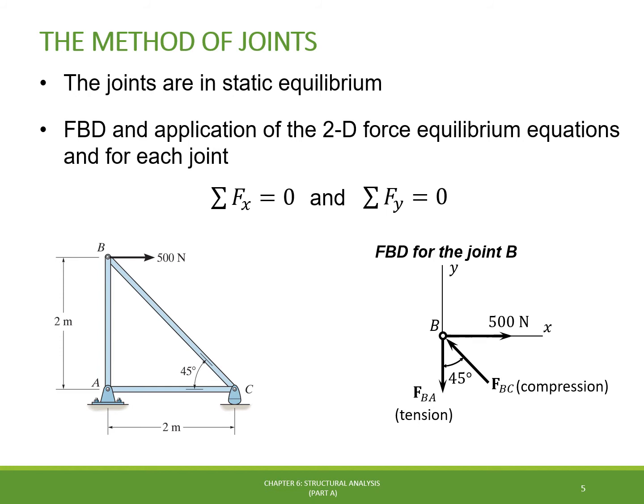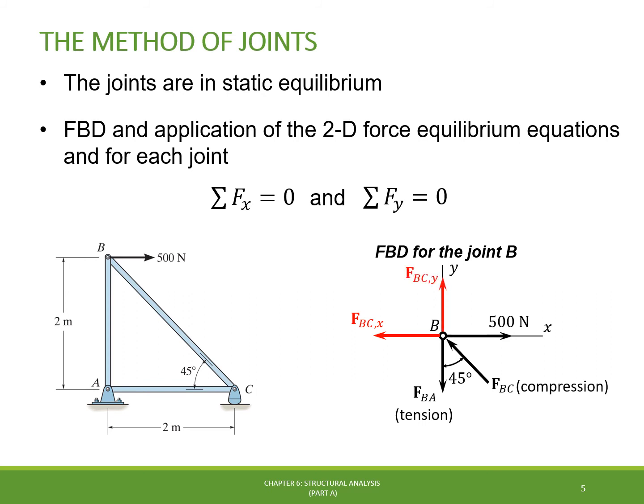For example, we know that the 500 newtons force acting at the joint towards the positive x direction must be counterbalanced by some other force acting in the opposite direction. The only candidate for this task is the x component of FBC, which must be oriented towards the negative direction of the x-axis. The same thing can be applied to find out the sense of FBA.